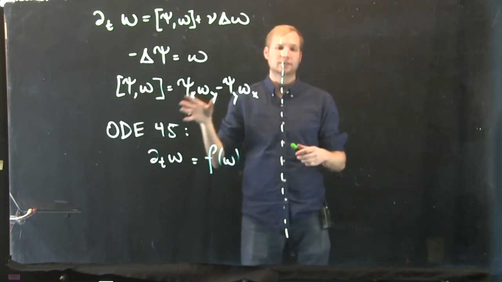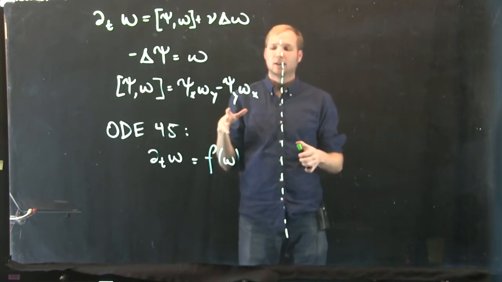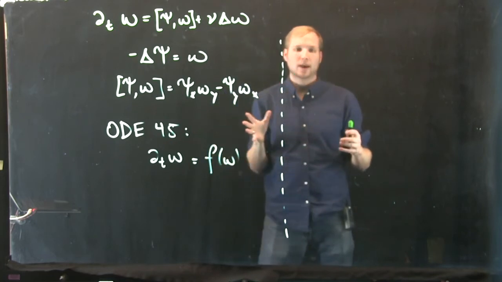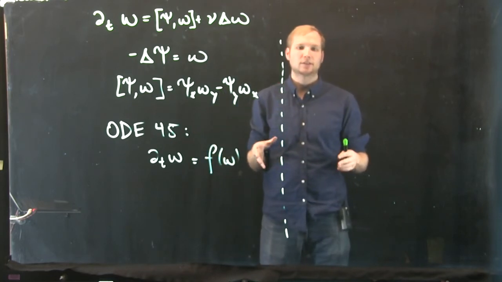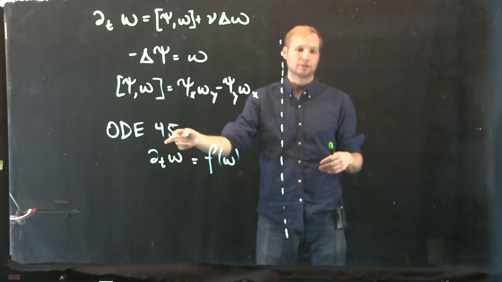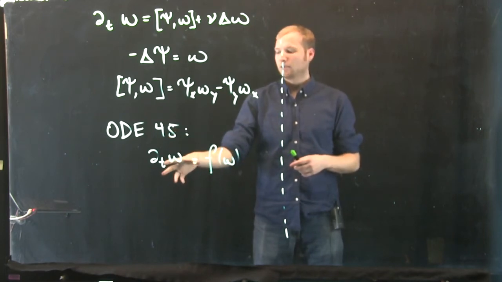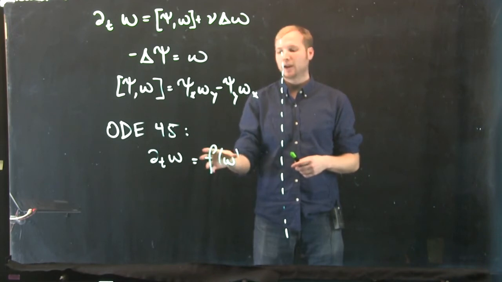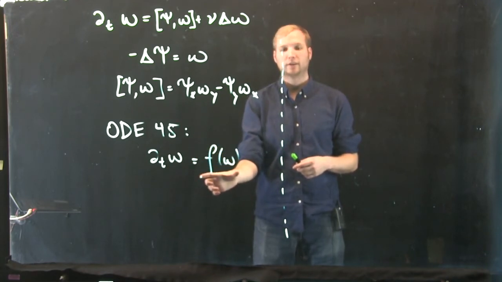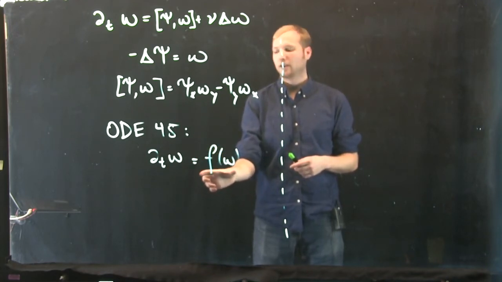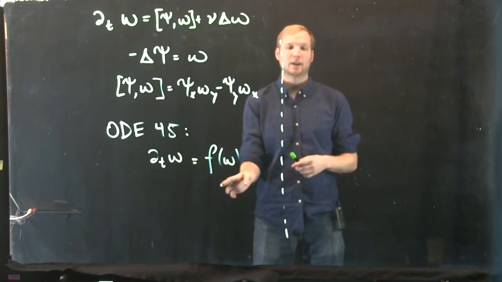And what we'd like to do is to solve this numerically. And we're going to be using MATLAB's built-in ODE solver, ODE45, which uses the Runge-Kutta-Fehlberg method. And for that method, we need to be able to write a function f of omega, so that d/dt omega equals f of omega.